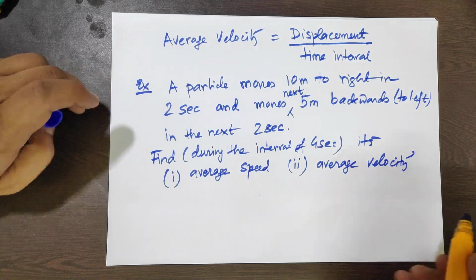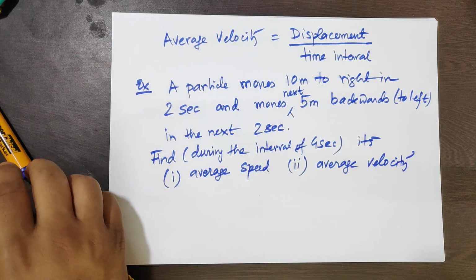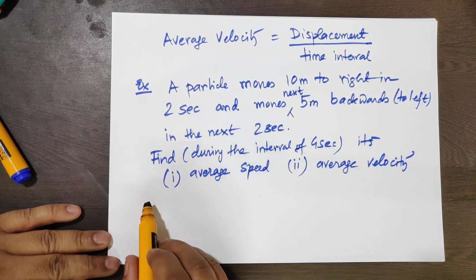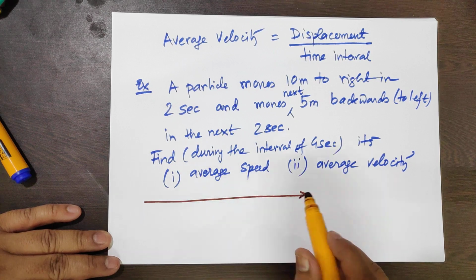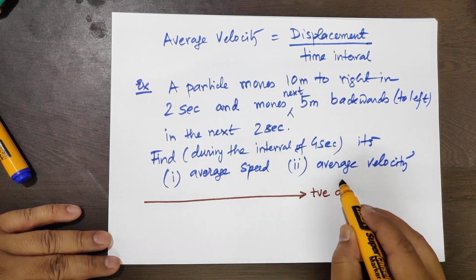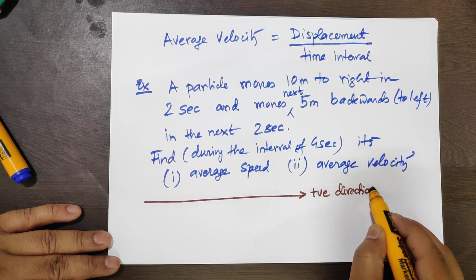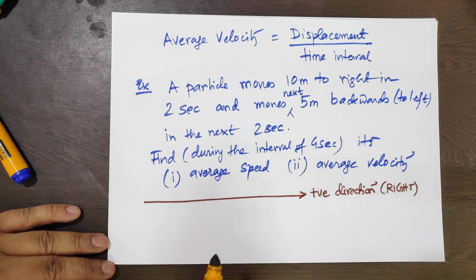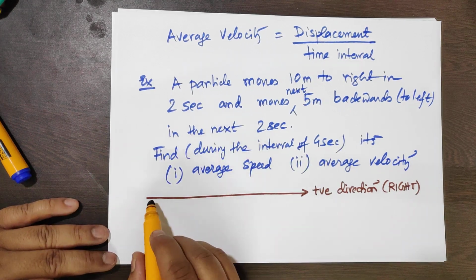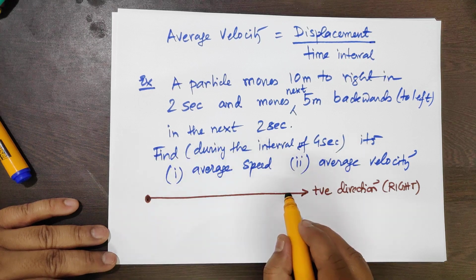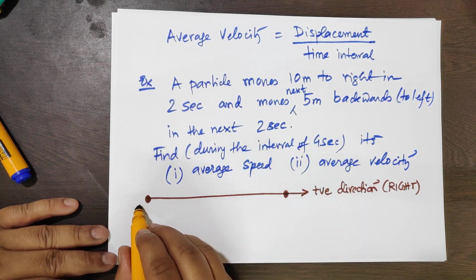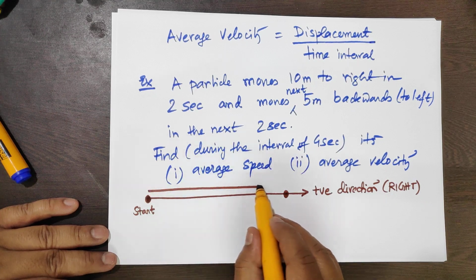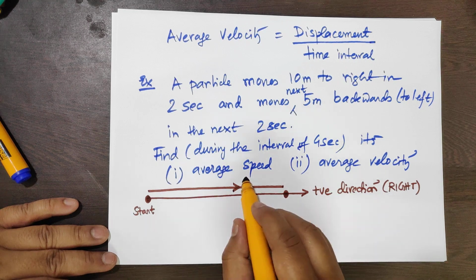Okay, so this is the diagram. Now we'll choose a direction. We are working with vector quantity here, velocity, so this is the positive direction. This is very, very important in solving problems. I am choosing the right direction as positive. Okay, so it moves, say this is a starting point, 10 meter, right?